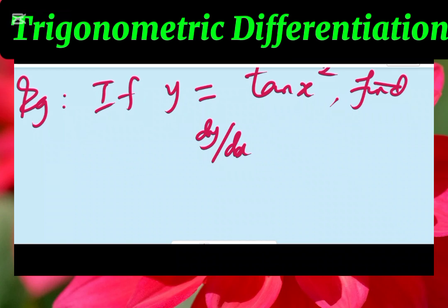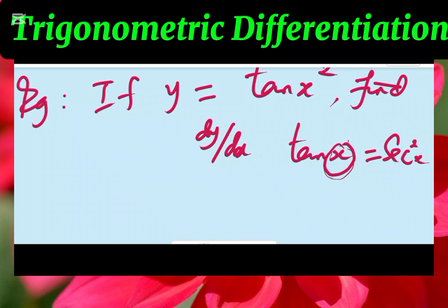Don't forget tan x, the derivative is sec square x. But this is only when the coefficient of x is 1. The coefficient of this x here is 1. Also when the power is 1. That is when the derivative of tan anything will just be sec square that thing.